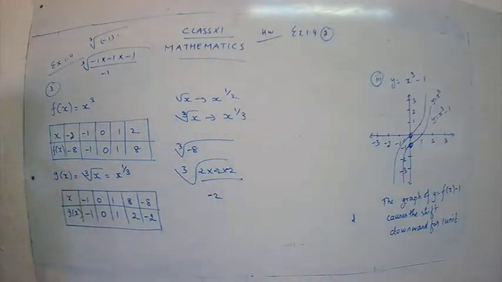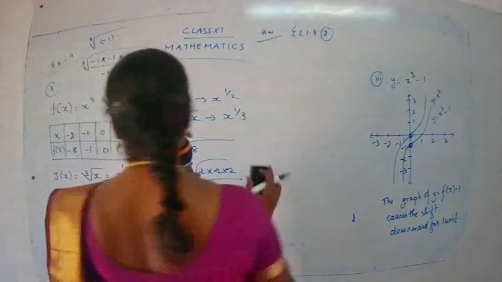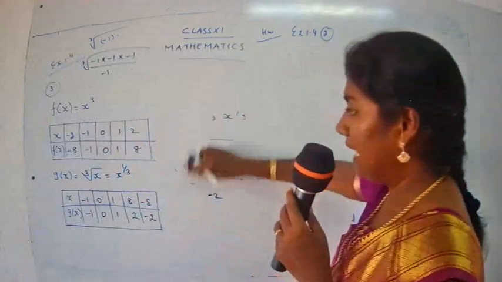So we have filled the table for g of x. So we got the values minus 1, minus 1, 0, 0, 1, 1, 8, 2, minus 8, minus 2. I hope you have taken down the table. Let's go for one more step, that is we have to find FOG.